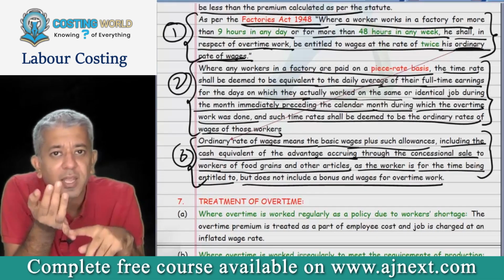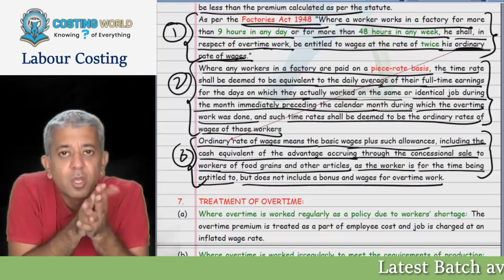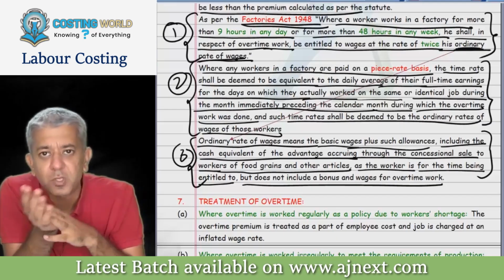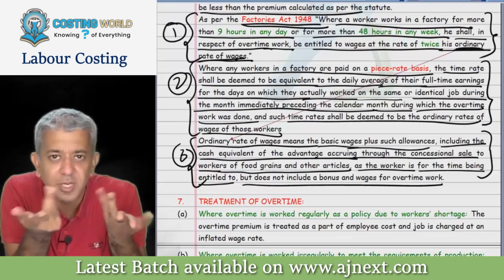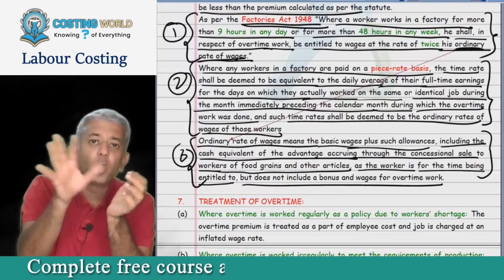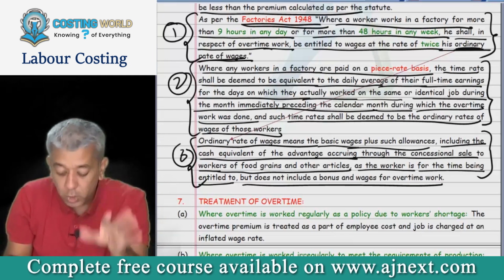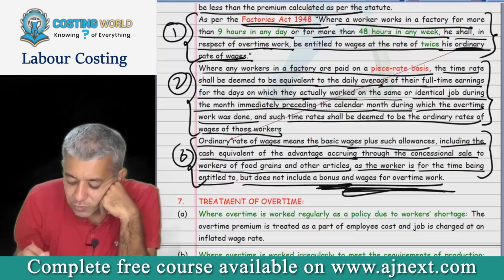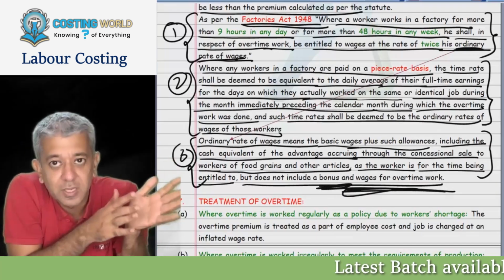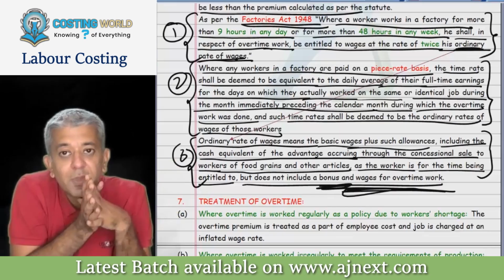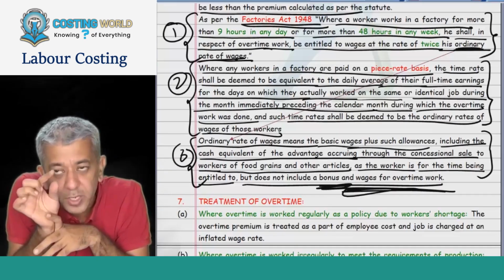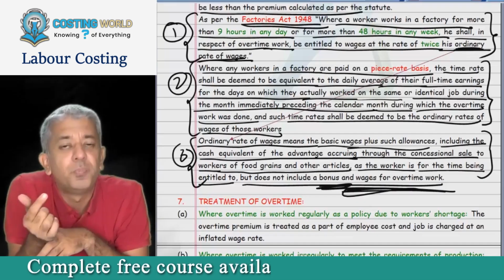Suppose a worker is given, say, a thali whose cost is 100 rupees, out of that he pays 40, so 60 rupees is a subsidy, and so on. So you include all those things, but what not to include in this case is bonus and wages for the overtime work. If in the last month he was paid bonus, then I will not include that component of bonus over here.